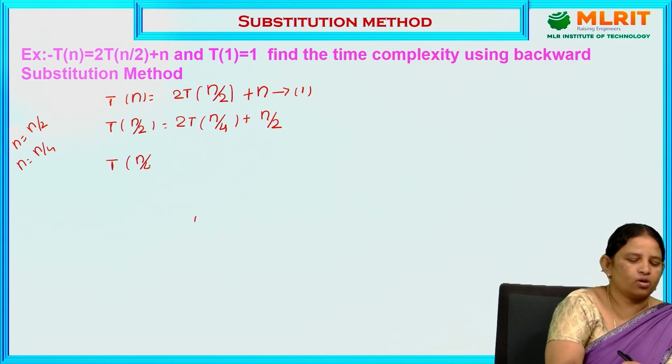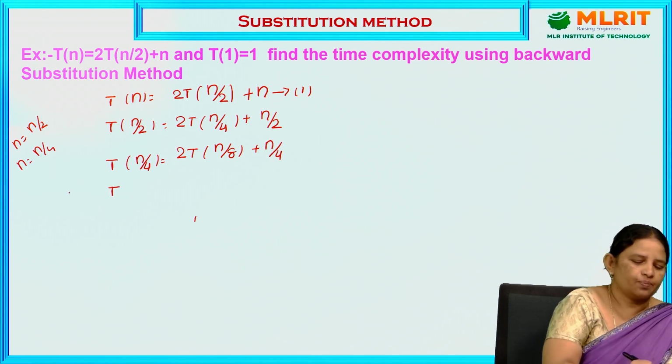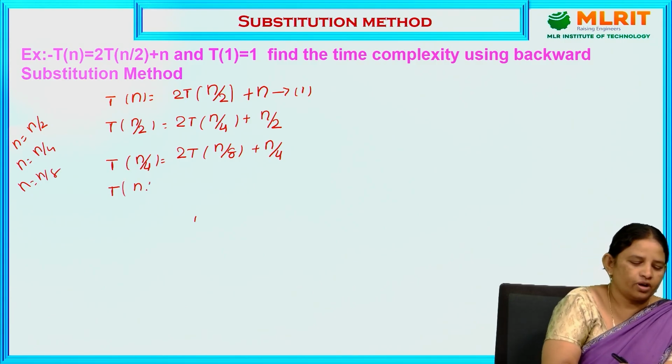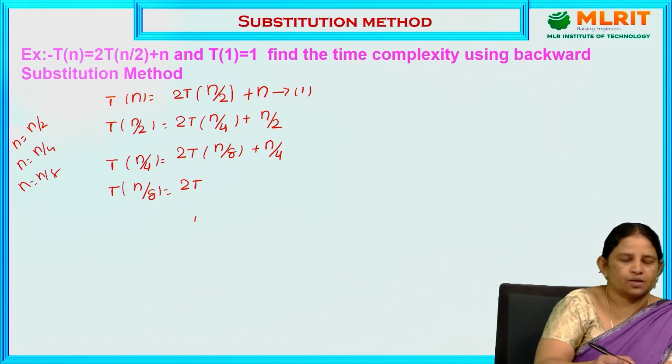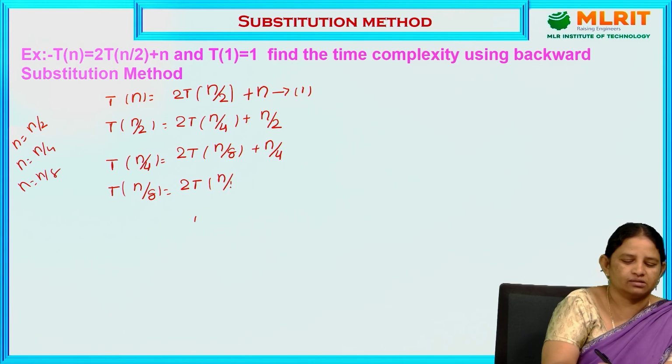T of n by 4 equal to 2t of n by 8 plus n by 4. Next, in the place of n, you have to substitute n by 8. So we have to repeat for up to 3 terms at least. T of n by 8 equal to 2t of n by 16 plus n by 8.